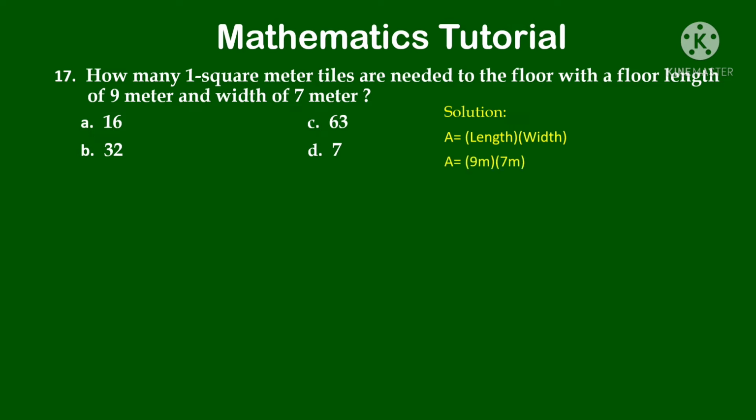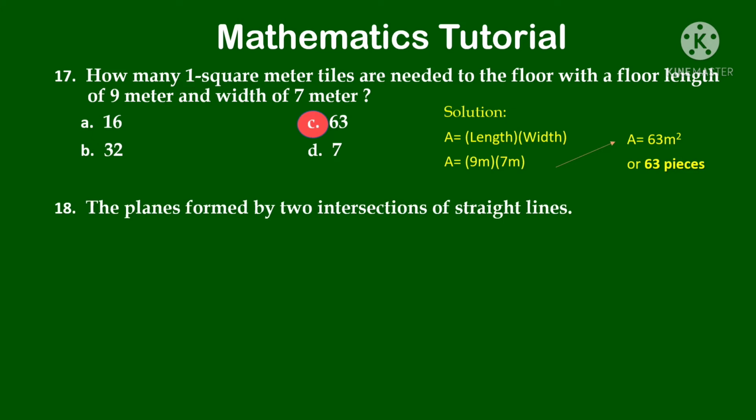So we have the length is 9 meters and the width of 7 meters. So naturally, we are going to multiply 9 times 7. We got 63 square meters or 63 pieces. It's that easy. You just multiply when area is being talked about. So the correct answer is letter C.